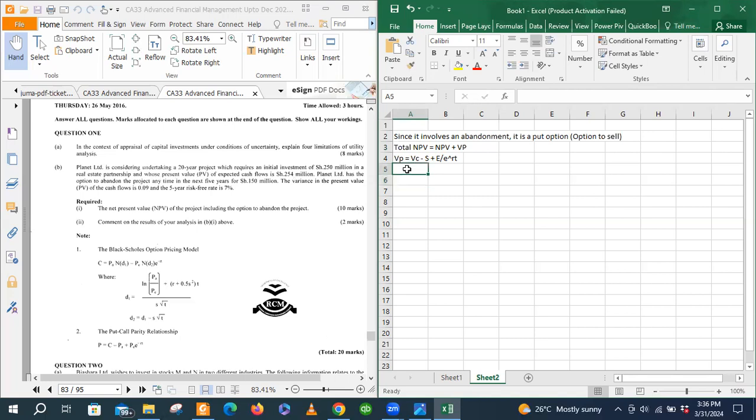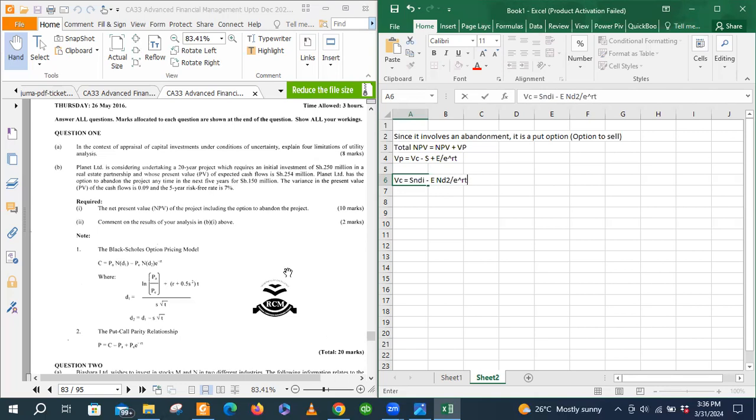Na VC tumepewa formula yake hapo, tukaambiwa kuwa value of the call option equals spot price, so SND1 minus END2. So ND2 divide by the exponential raise to power RT.